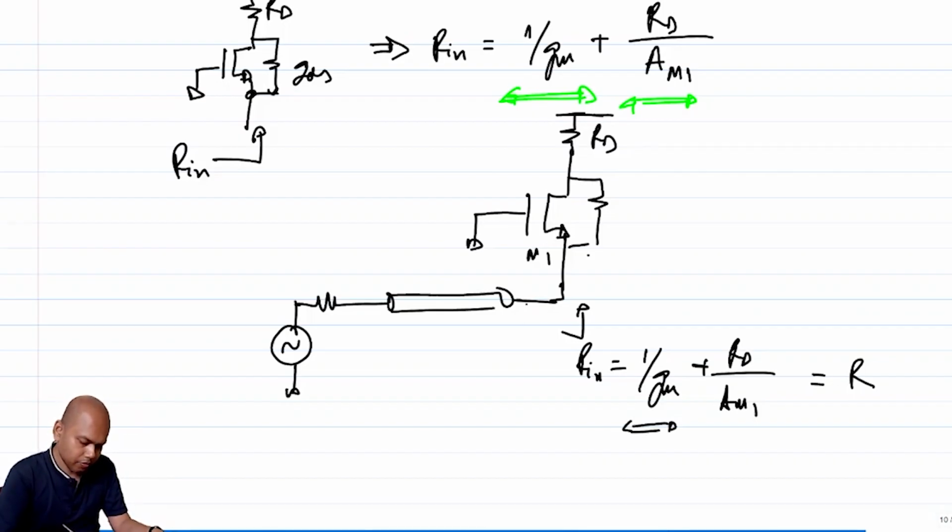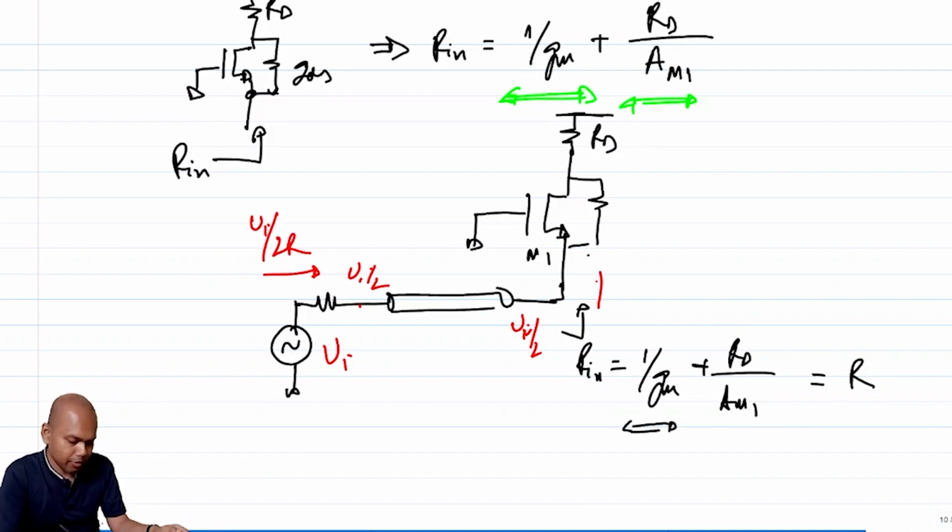So this voltage here, if this is Vi, this voltage again will be Vi by 2. It is a delayed version of that, but I am not considering the delay because we are assuming there is no reflection. So if this is Vi by 2, what is the current? Under matched condition, the current is Vi by 2R, right?